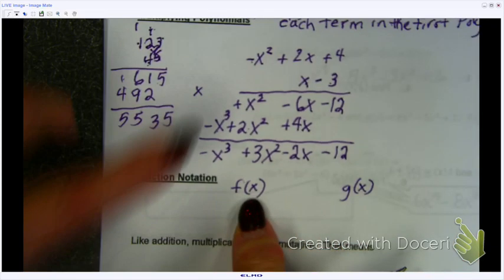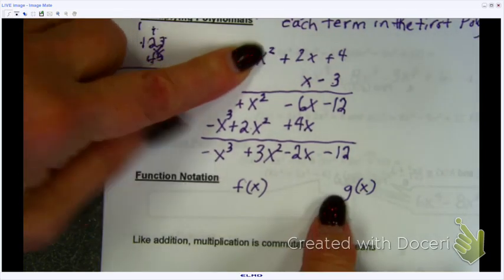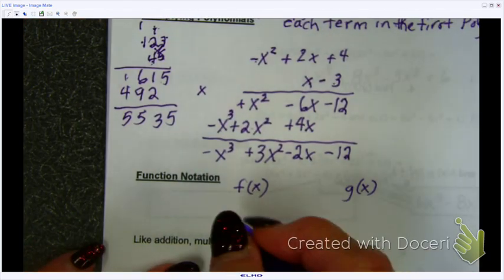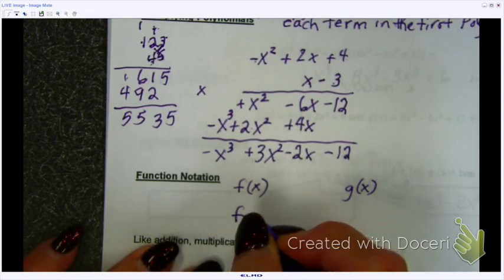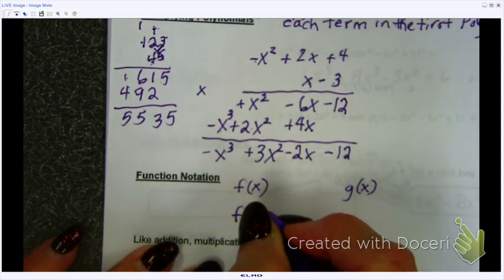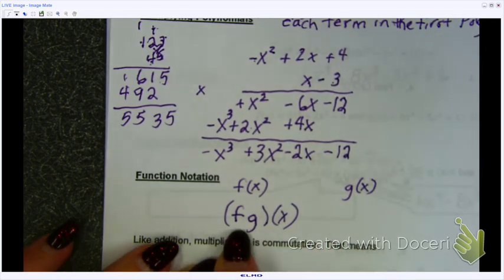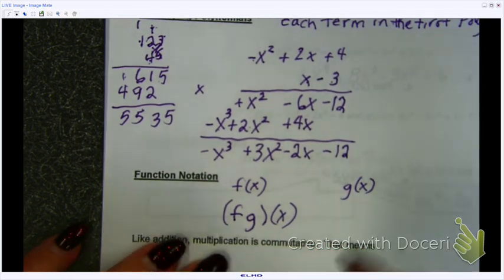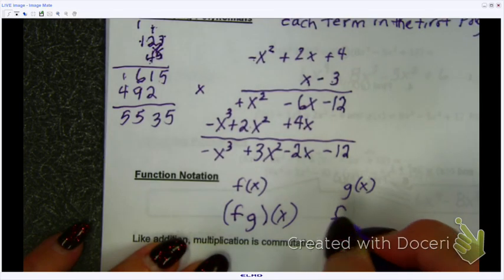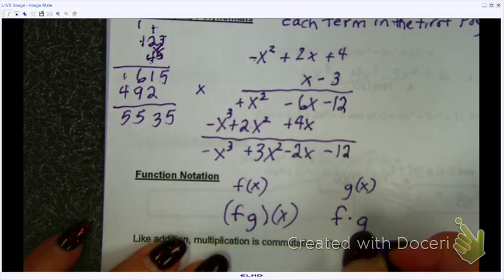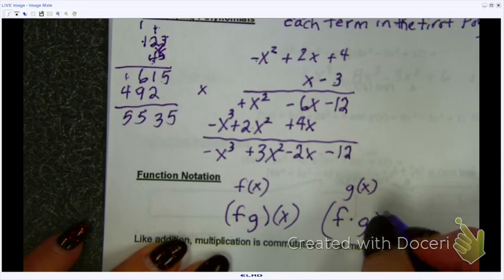And f of x is this top one here, g of x is the second one. The function notation looks one of two ways. It will either say f of g of x like that, or it may say f times g of x.